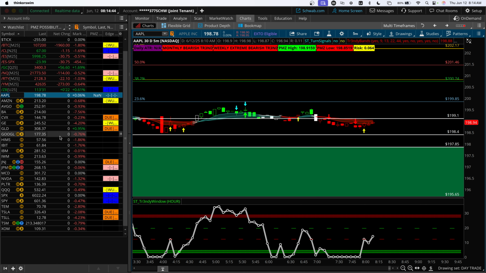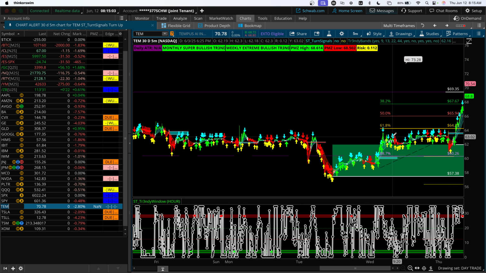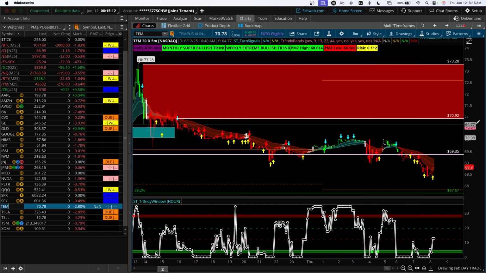Outside of Apple and gold, what else I would like to watch today is these names with the larger pullback. And so TEM here, I want to see where my zones are and my risk to reward on this name. My target zone to the upside is 70.92 by 73.28.